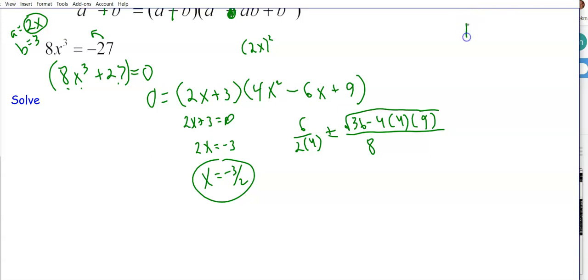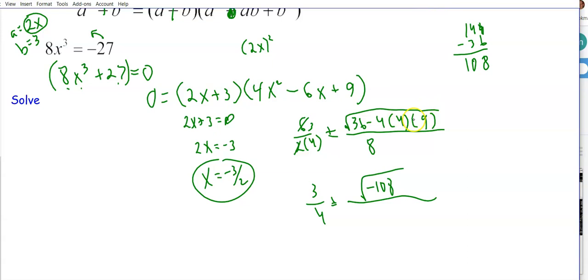So 36 minus 144, I have negative 108. So this is 6 over 8, plus or minus the square root of negative 108, all over 8.